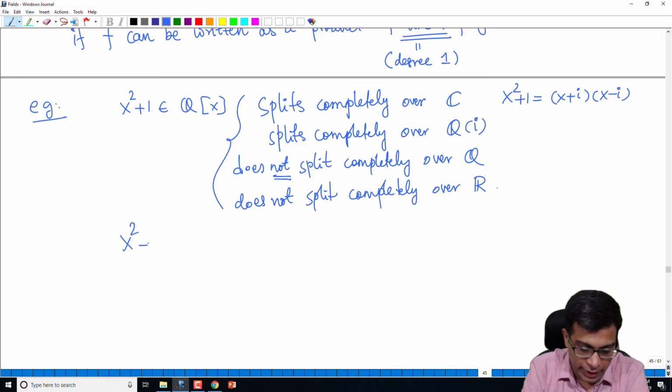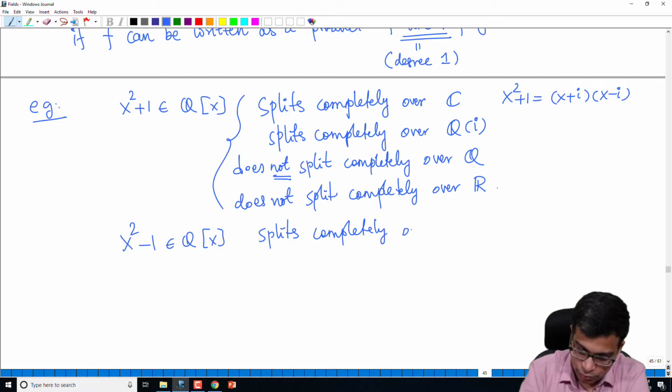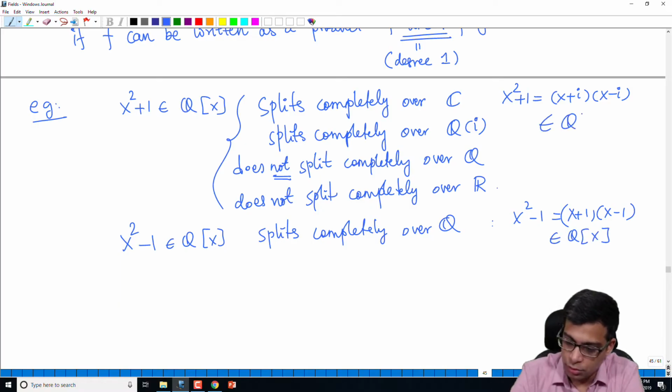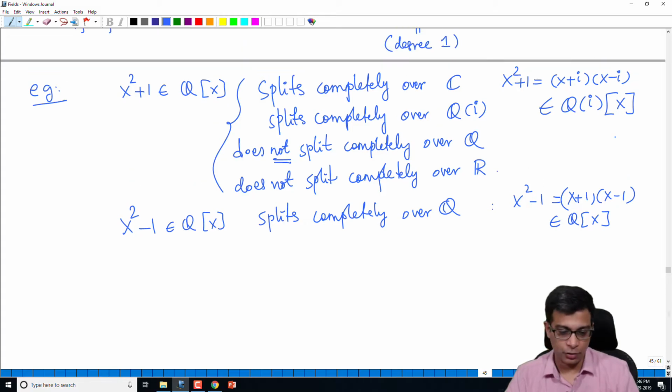On the other hand, x squared minus 1, which is a rational polynomial, splits completely over Q itself, right? Because x squared minus 1 is (x plus 1) times (x minus 1), and this is actually a splitting in the polynomial ring over Q. Okay, so splitting completely means splitting as a product of linear factors.